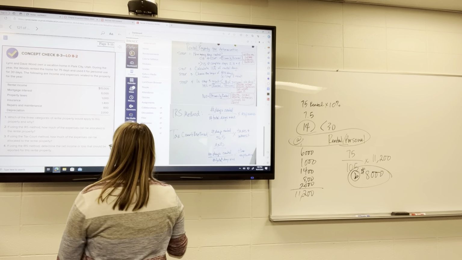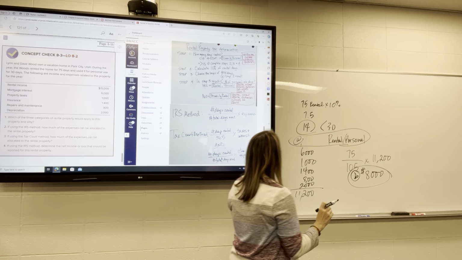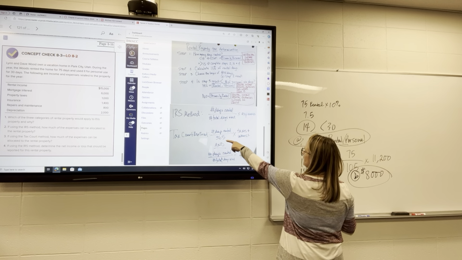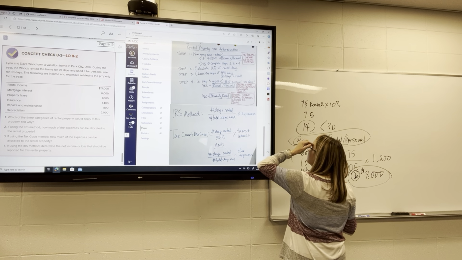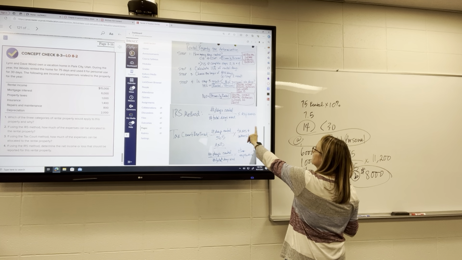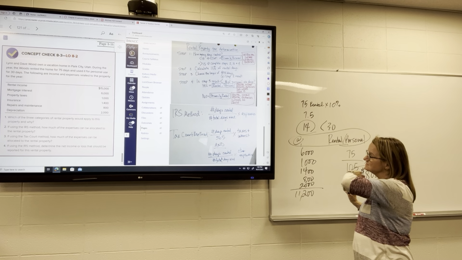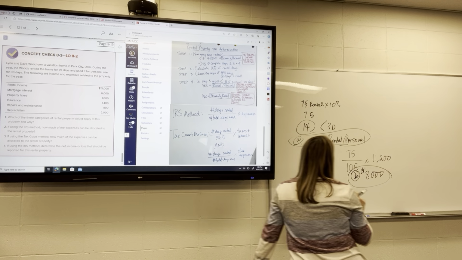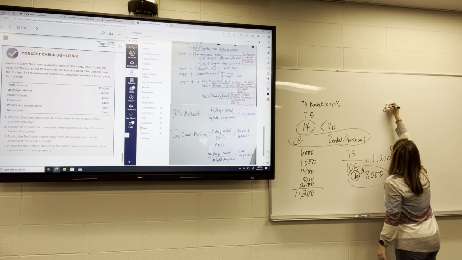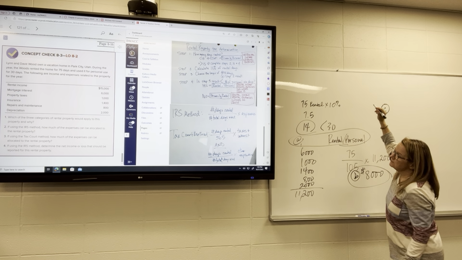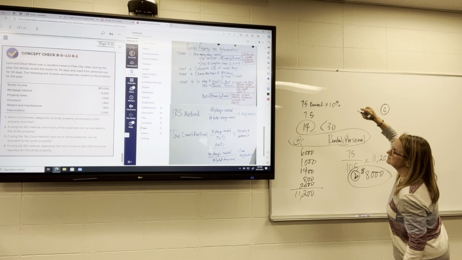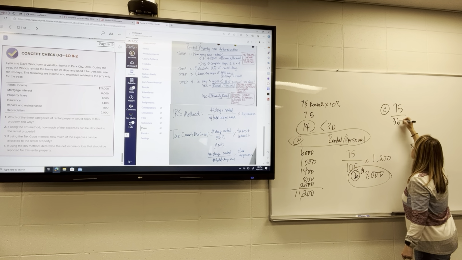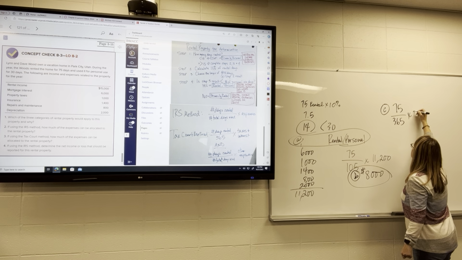If using the tax court method, how much of the expenses can be allocated to the rental property? Okay, so for the tax court method, we take the number of days rented over 365 multiplied by the taxes and interest alone, so 7,000. So the number of days rented was 75 over 365 times 7,000.